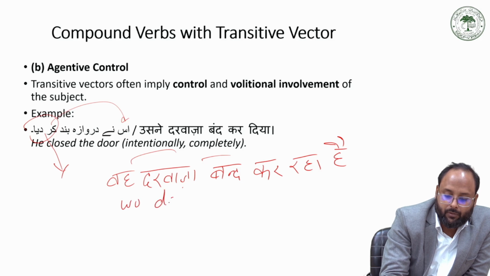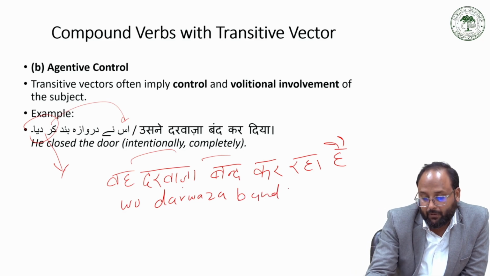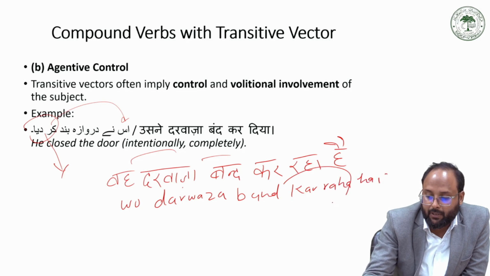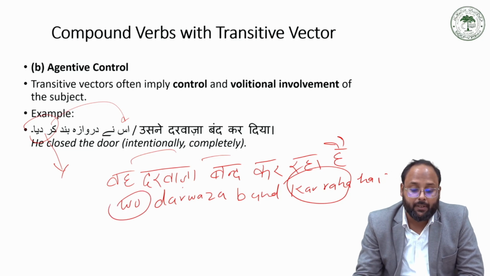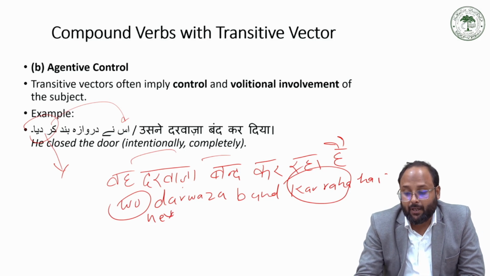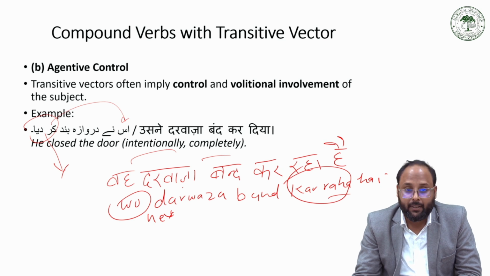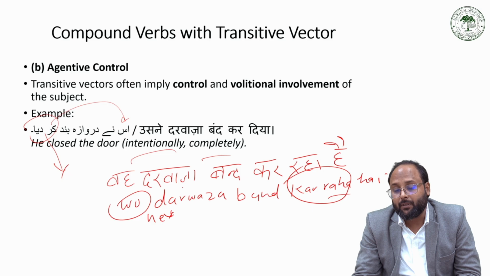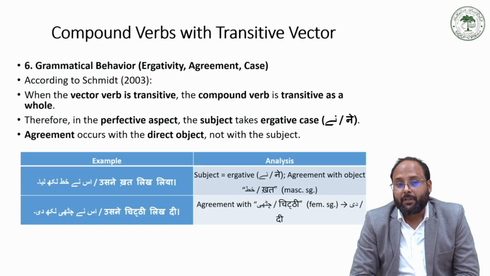Here कर रहा है is the compound verb, so it will not take the subject with the ergative ne. Why? Because raha is not the perfective aspect. It is the progressive aspect, so it will not take the ergative marker on the subject. So this is the grammatical behavior.